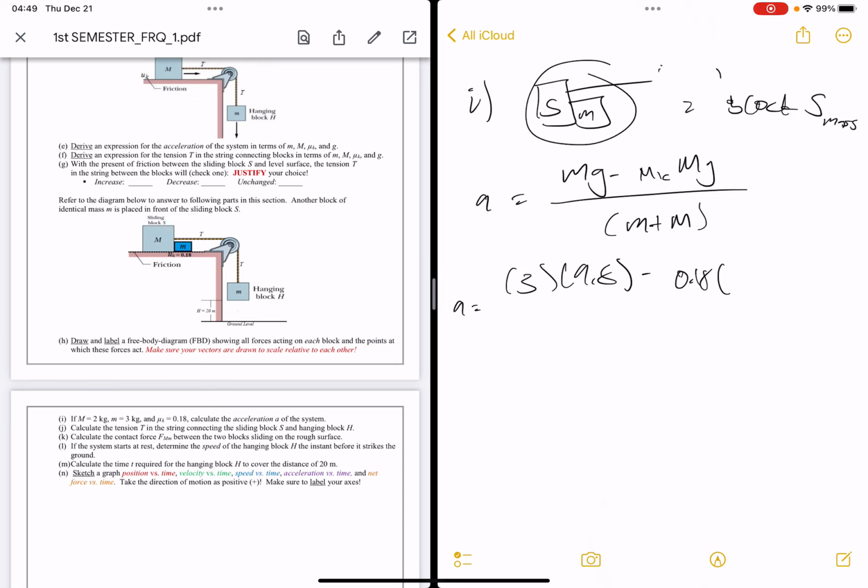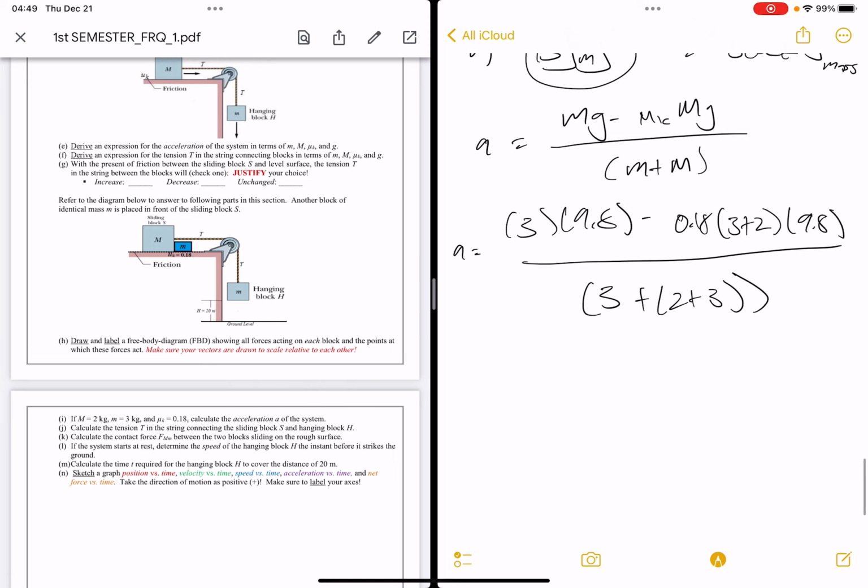So it'd be 3 plus 2, times 9.8 for gravity. And then on the bottom, it'd be small m plus big M, which is 3 plus 2 plus 3. And this all simplifies down to 2.5725 meters per second squared.